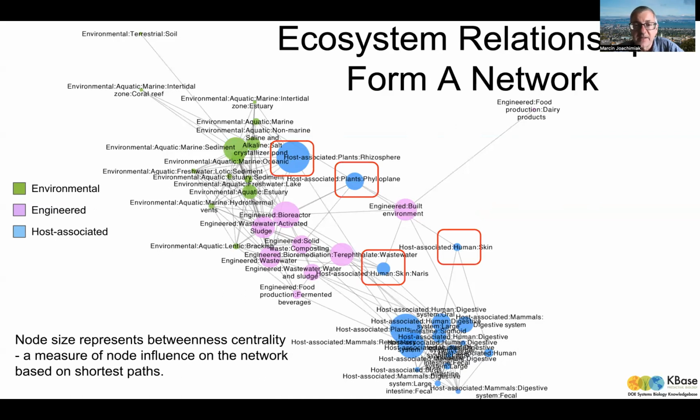Now you may recognize that all of these ecosystems, even though they're host associated, are host surfaces that are exposed to the external environment. And so in fact, it makes sense that they exhibit similarity, or maybe even larger similarity, to other types of ecosystems than to host ones. So we think this suggests that the ecosystem relationships are better represented by a network than by a tree.